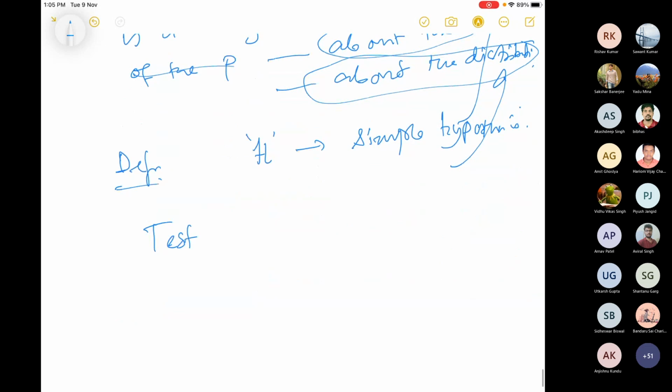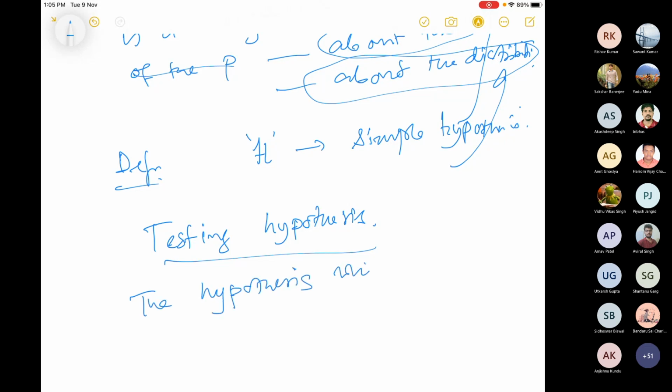Testing a hypothesis means this is a hypothesis which needs to be tested, and the hypothesis which is to be tested is called the null hypothesis.